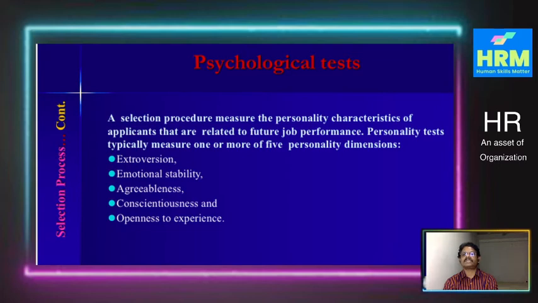So personality tests typically measure one or more of the five personality dimensions like extraversion, emotional stability, introversion, agreeableness, conscientiousness and openness to experience. So these are the different facets that we are studying out of the psychological test, right?